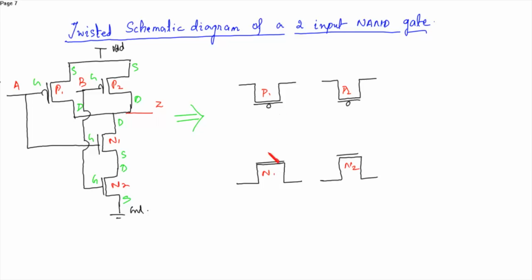The gates of P1 and N1 are shorted. Before that, let me give the names. This is the source, this is the drain, this is the drain, this is the source, this is the drain, source, drain and source.